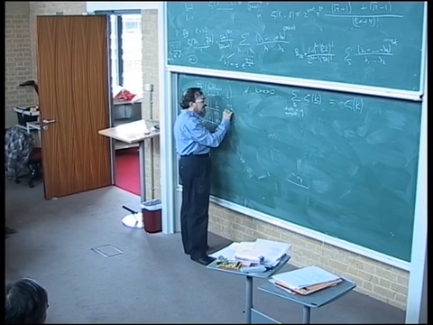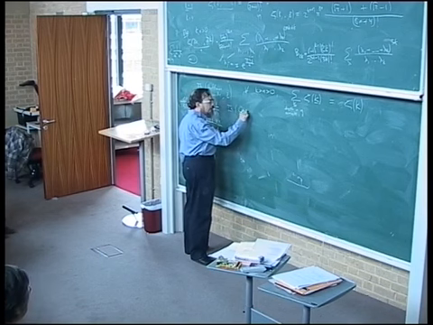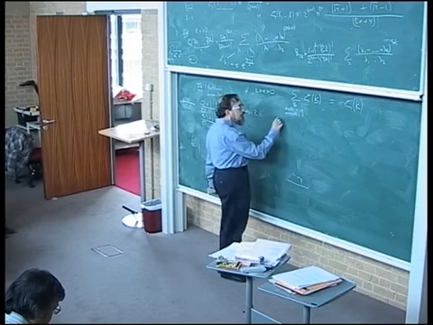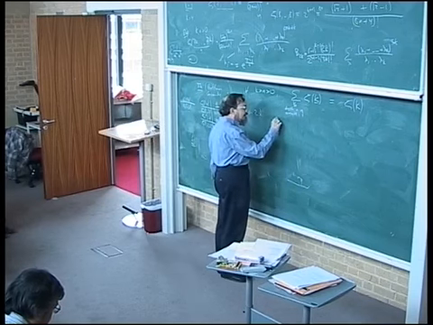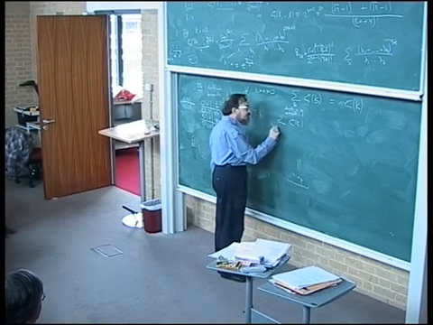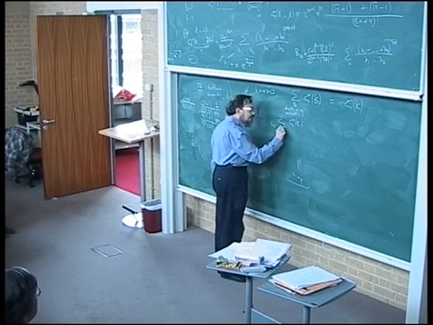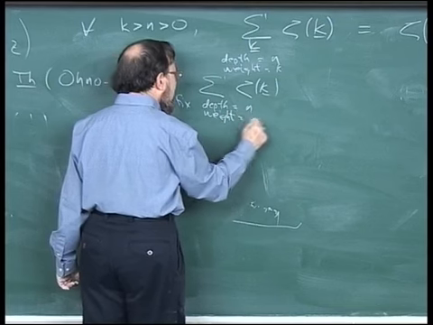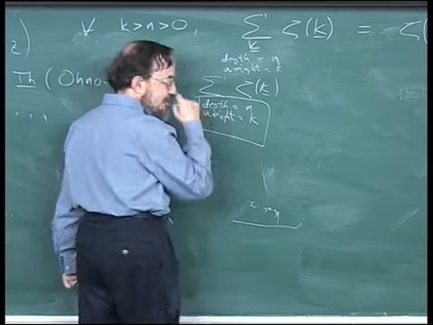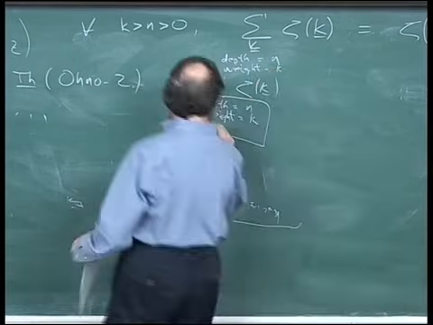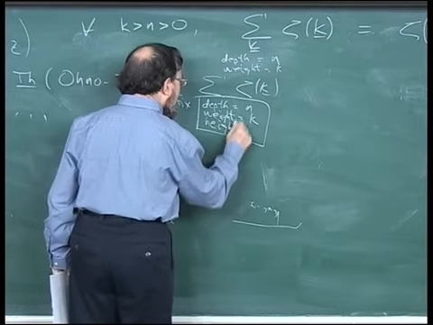But then there was a theorem that I proved with Yasuo Ono several years ago, which is similar, which says that if you fix the sum of all of the zeta of k's, and you fix the depth, n is the depth and the weight is k, and then the last thing we call the height, which I'll define in a second.